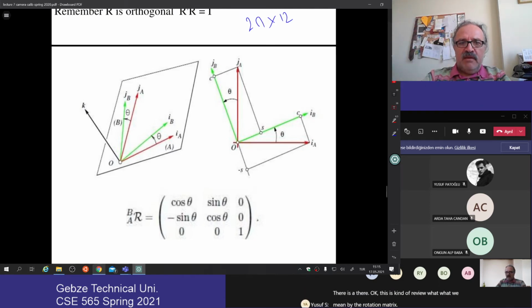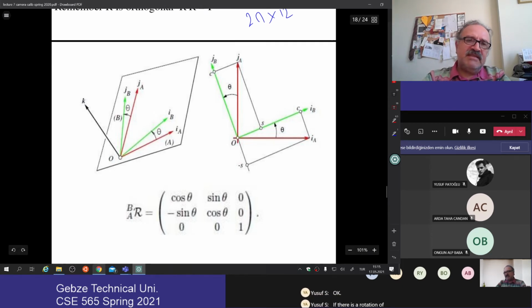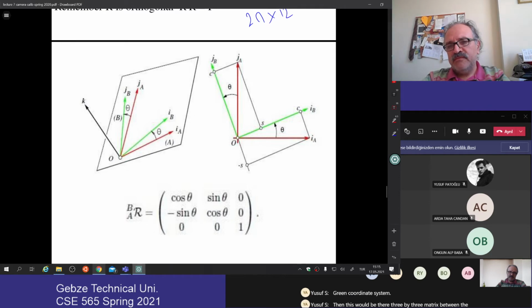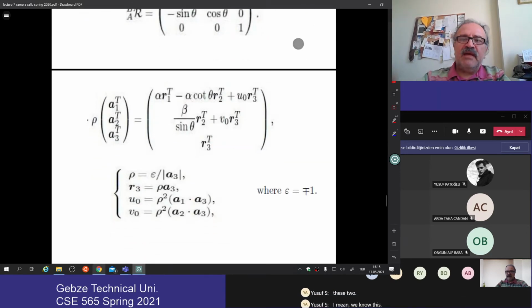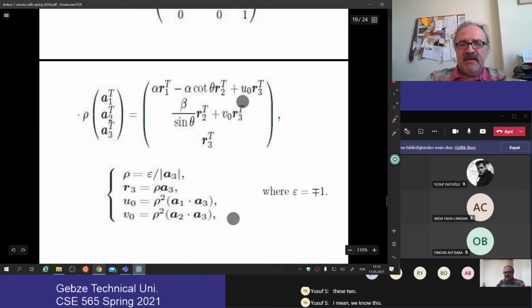If there is a rotation of theta between this red coordinate system and the green coordinate system, then this would be the 3 by 3 matrix between these two. Right? We know this. And by looking at this is what I mean.